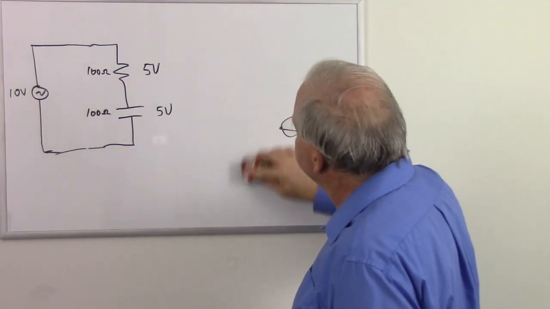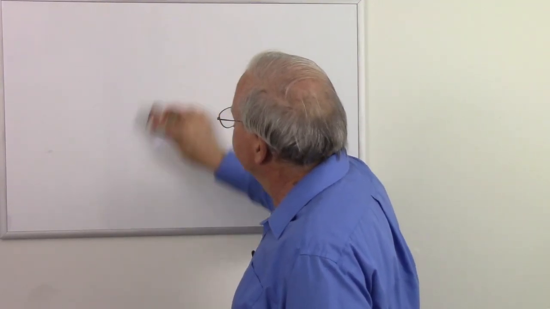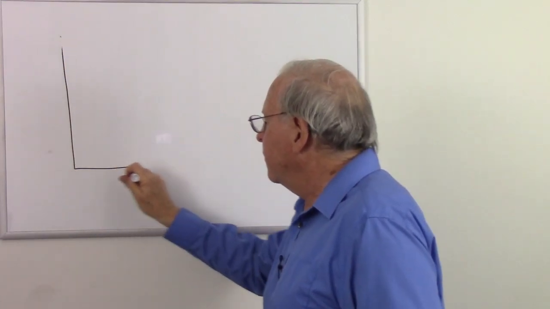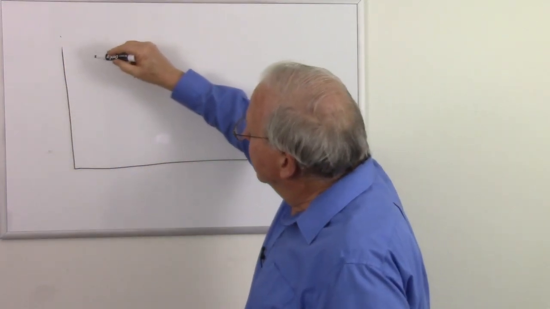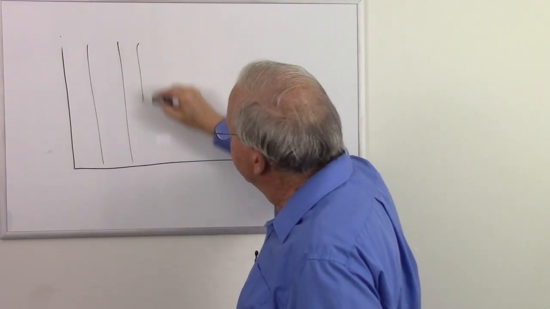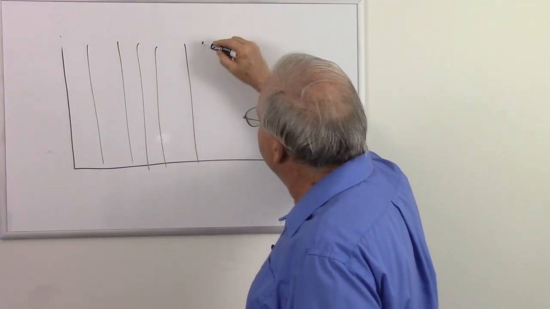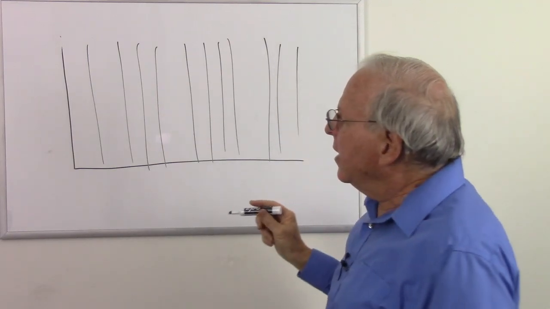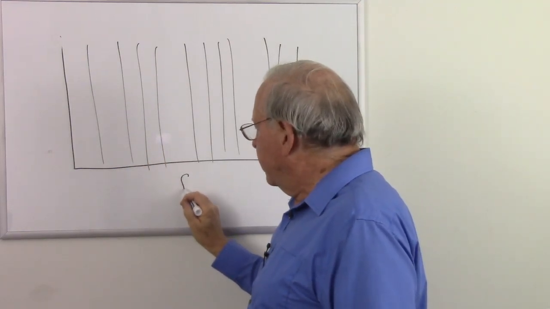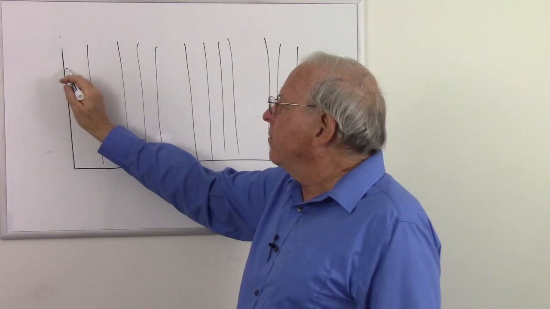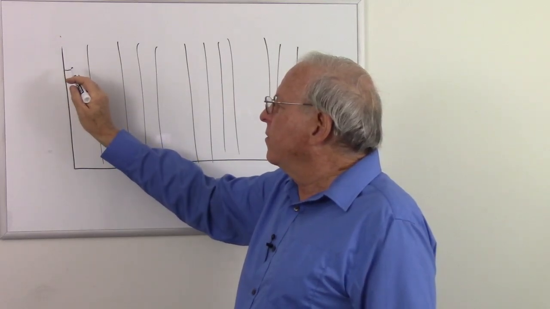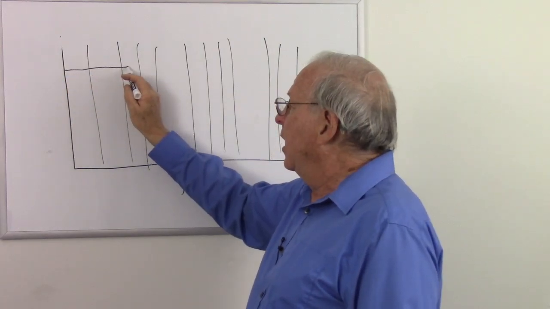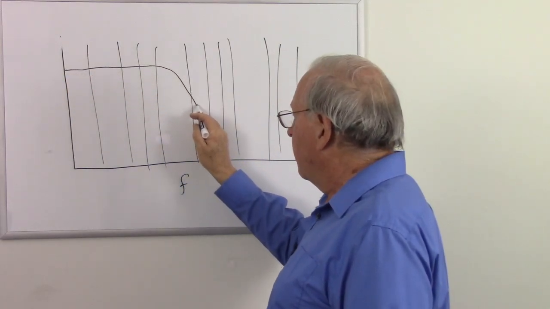So, what's the next thing we need to know about that? Let's draw a graph of frequency response. And if we make this a logarithmic graph, trying to make it look sort of logarithmic here, we're going to get a graph as our frequency goes up, where the response of the filter, the voltage across the capacitor or the resistor, if you will, is going to be pretty steady until we hit that cutoff frequency, and then it's going to drop off.